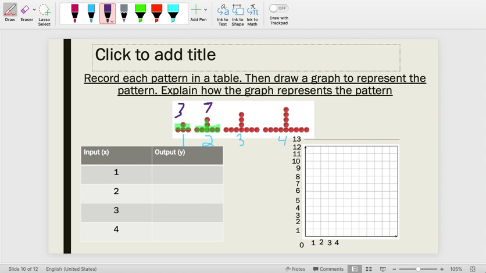We have 3, 6, 7. We have 10. Well, that's not right. I miscounted here. No, that's right. 1, 2, 3, 4, 5, 6, 7, 8. That's right. 1, 2, 3, 4, 5, 6, 7, 8, 9, 10, 11, 12, 13.